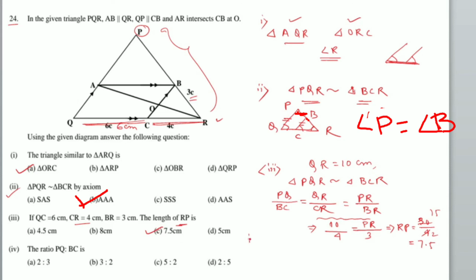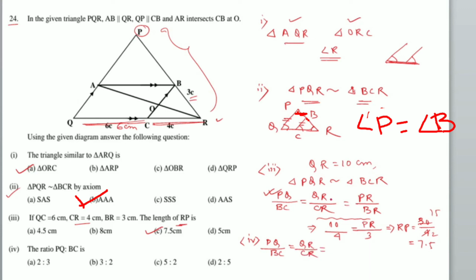Now the last one. Here the ratio of PQ and BC we have to find out. I have already found the relation PQ by BC. So we use this relation PQ by BC is equal to QR by CR.